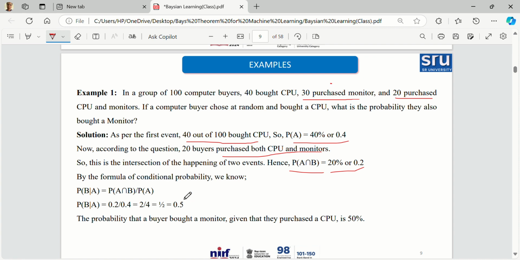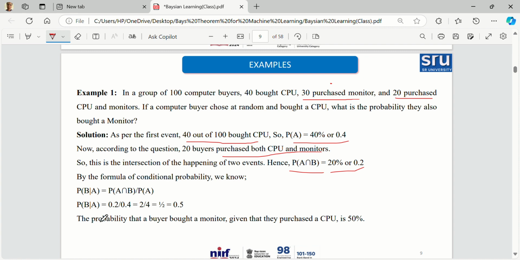Now you apply conditional probability, because only these two are required. By the formula of conditional probability, probability of B given A is equal to probability of A intersection B divided by probability of A. So you are not using the 30% monitor. You are using only CPU and monitor.